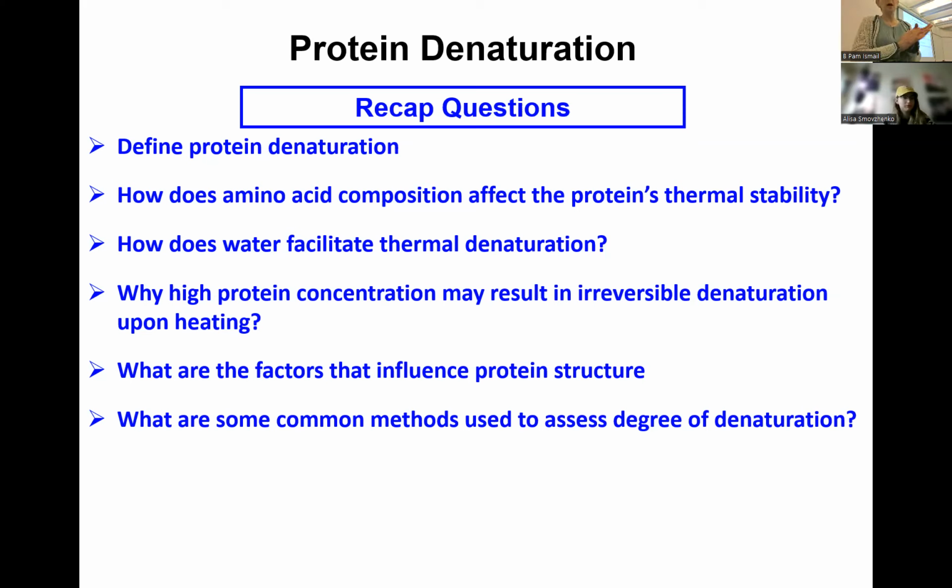Okay, how does amino acid composition affect the protein's thermal stability? What say you, Jean? So a more ordered structure, like beta sheet, or outside fluids, you will need a lower denaturation temperature to break.